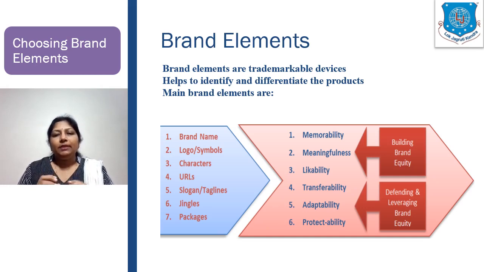Now, the main aim of brand elements is to enhance brand awareness and to facilitate unique and favorable brand associations. The main brand elements are shown in the diagram. First, brand names.